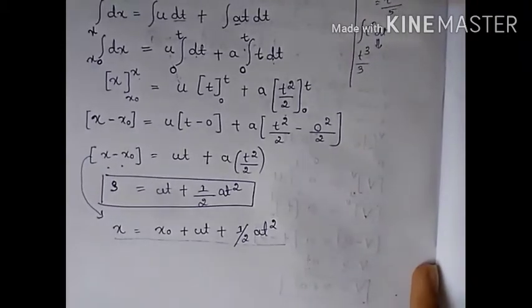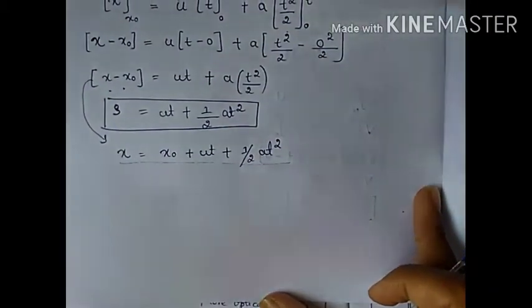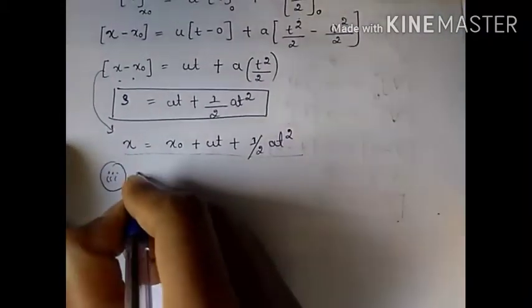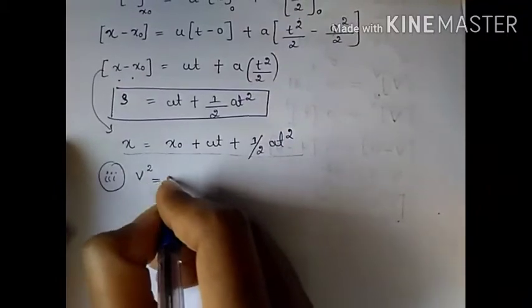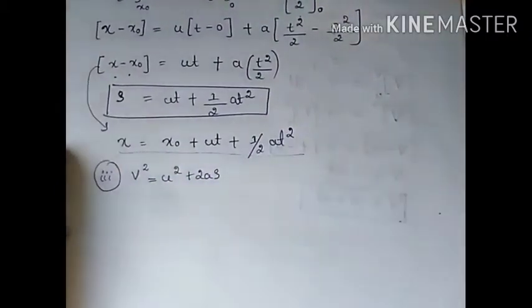So now let us understand the third kinematic equation. Our third kinematic equation is v square is equal to u square plus 2as.